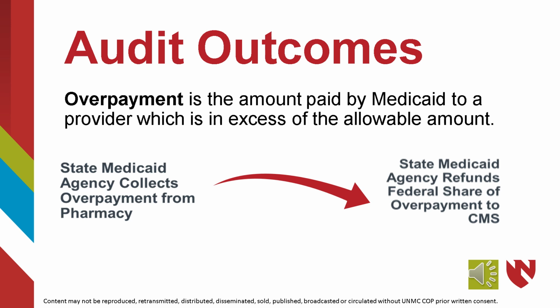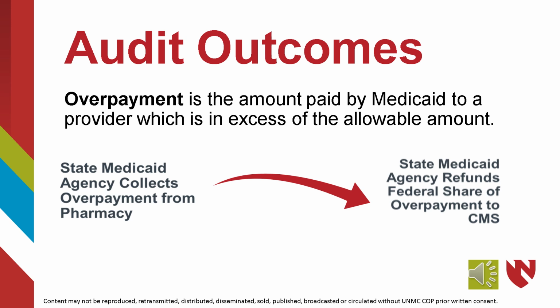So overpayment is the amount paid by Medicaid to a provider, and again, provider is pharmacy, which is in excess of the allowable amount. Let me give you an example of an audit finding. There is a claim that Medicaid reimbursed the pharmacy for, and there's no prescription to authorize dispensing that medication. Having no prescription would be an example of missing records.